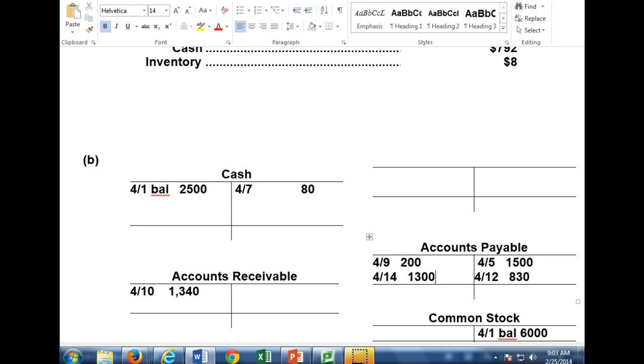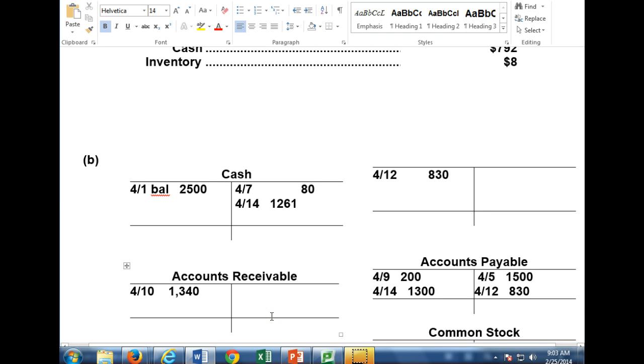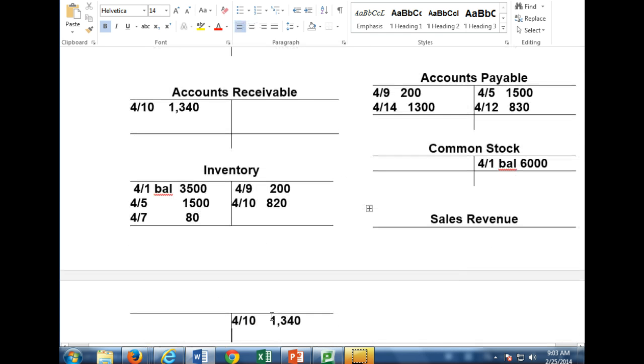Cash is going to be credited 1,261 along with inventory for 39. Then we're going to reduce our inventory by how much? 39. Everyone see how we're doing this? Does it make sense?